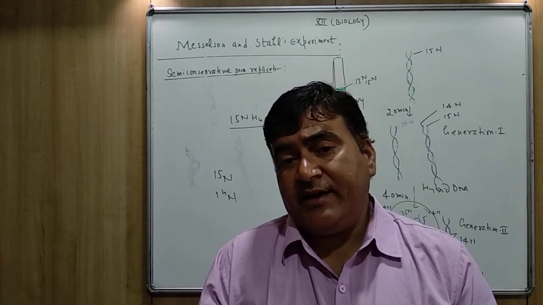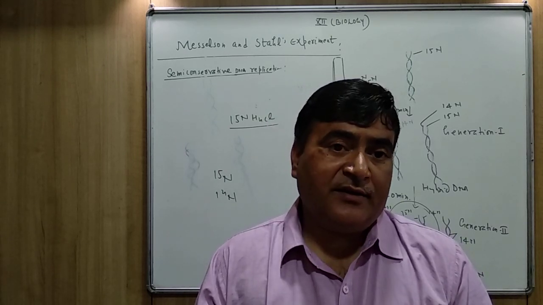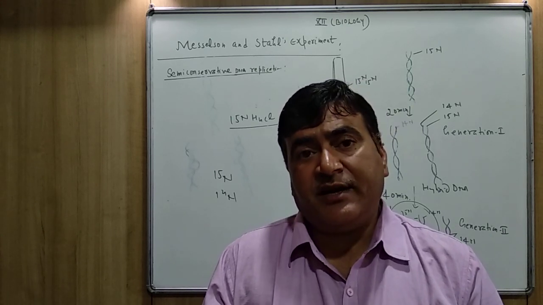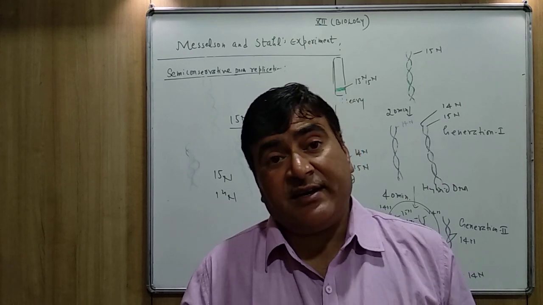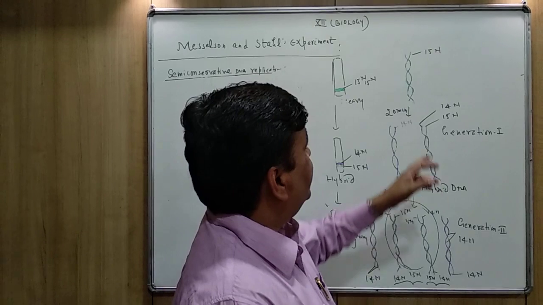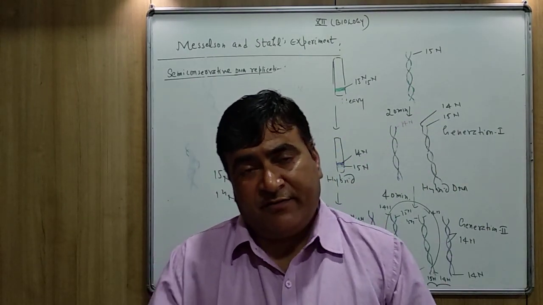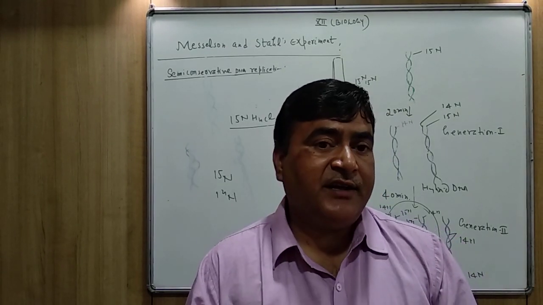Then in the second step, he added the 14N isotope of the nitrogen into a different culture medium, and he transferred the E. coli bacteria having 15N into the fresh 14N medium.